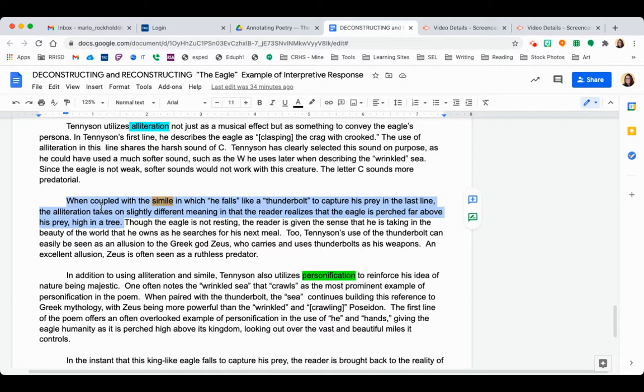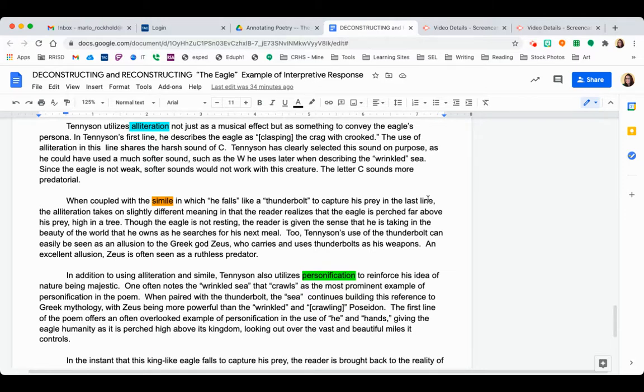Okay, so it says when coupled with the simile in the last line. So now I've looked at the first line, I'm looking at the last line. Oh, how interesting that this poem could actually connect the first line and the last line together. Of course it does. It's not like he accidentally wrote this poem.